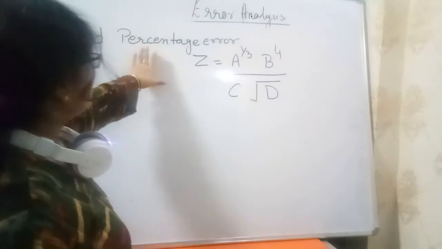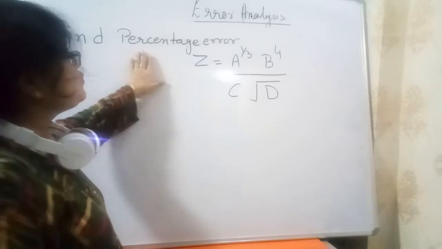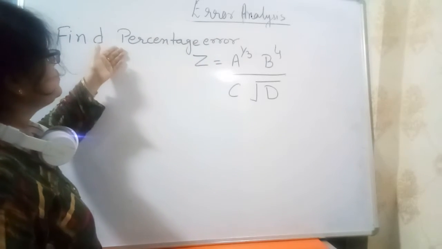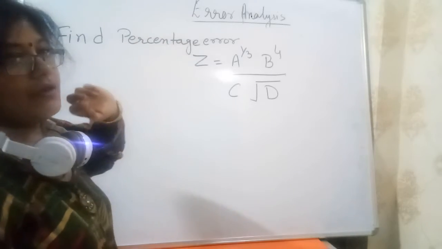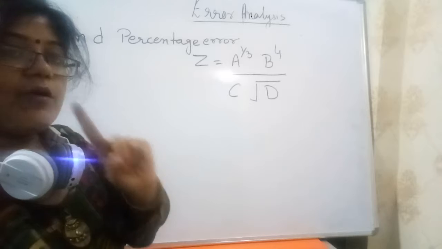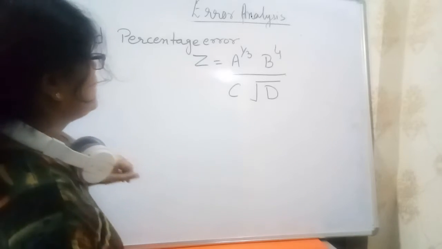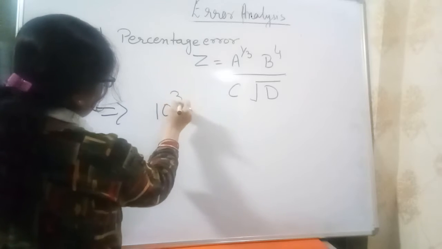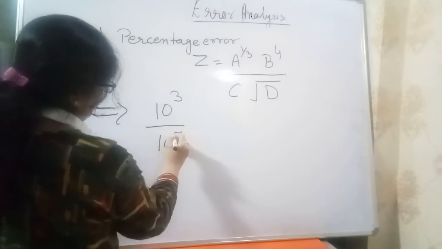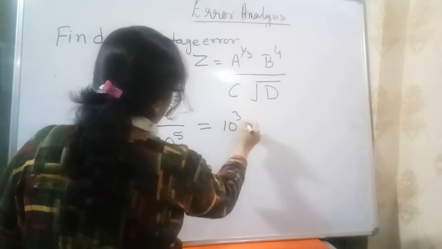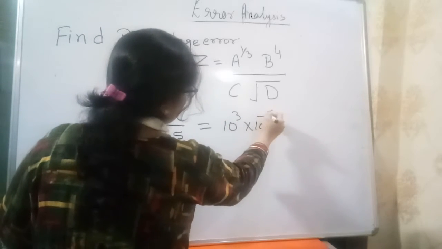Now actually, you always find a question like this, and the question asks you to find the percentage error. One thing you must note is that error always gets added. For example, if we have 10 to the power 3 over 10 to the power 5, according to mathematics, we write 10 to the power 3 into 10 to the power minus 5.